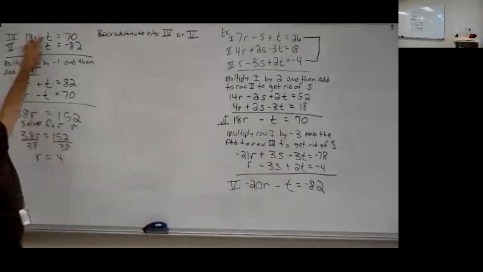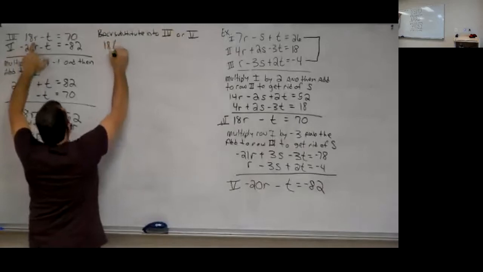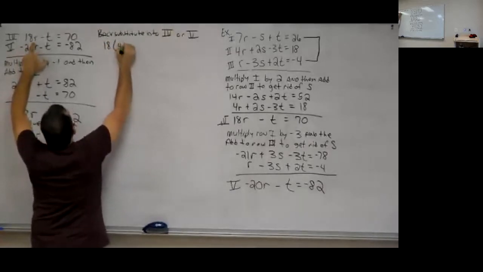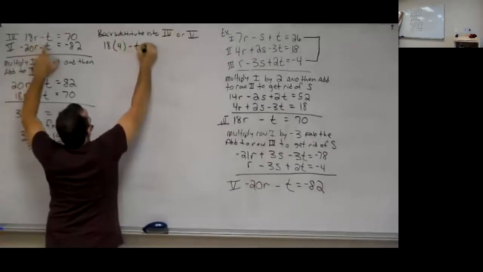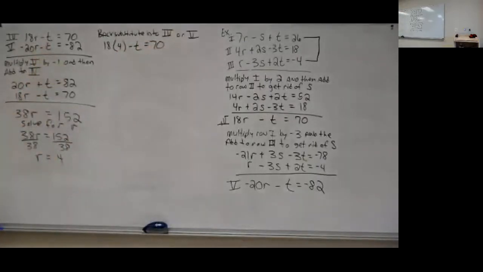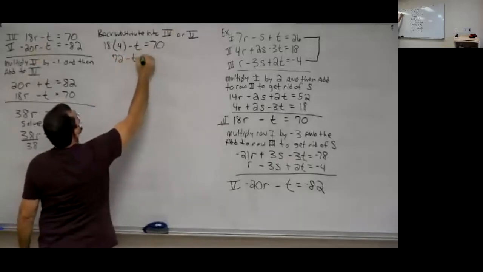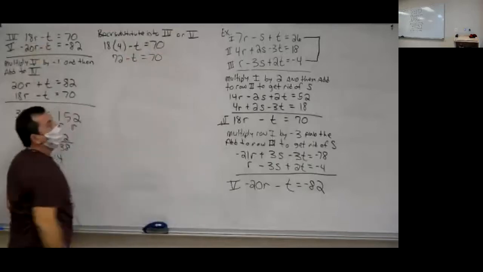Both of them have negative T's. So I'm going to do the 4. So I have 18 times R, which is 4, minus T equals 70. All right, y'all. So what is 18 times 4? 72. So I got 72 minus T equals 70.